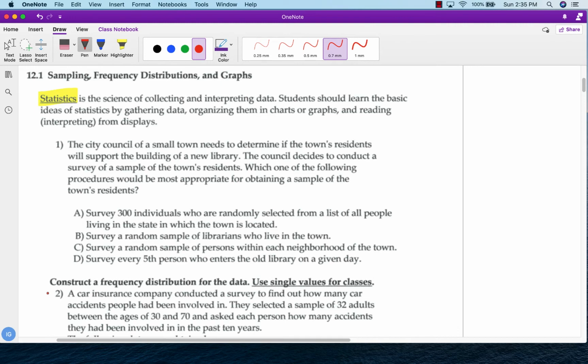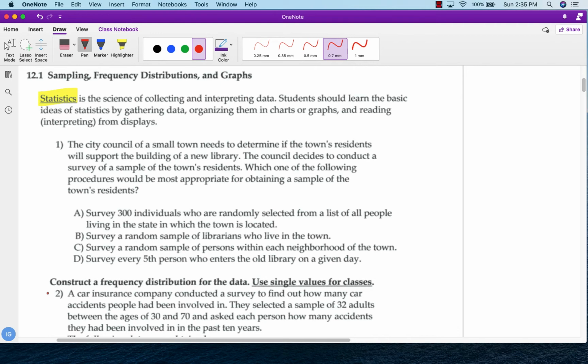B, survey a random sample of librarians who live in the town. C, survey a sample of persons within each neighborhood of the town. D, survey every 5th person who enters the old library on a given day.